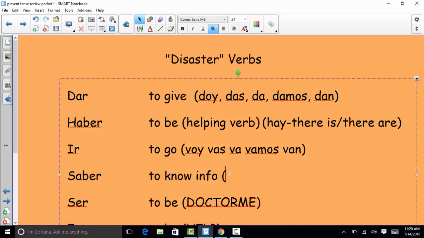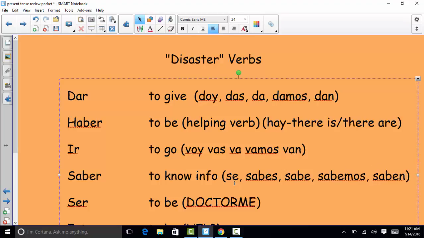The yo form of this one is really irregular. It's sé. And this E is going to have an accent. Okay, so just make sure you add that accent to it.